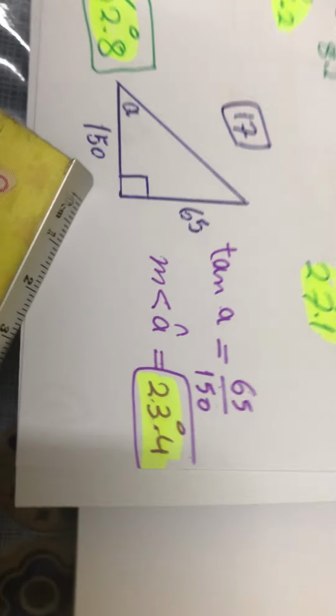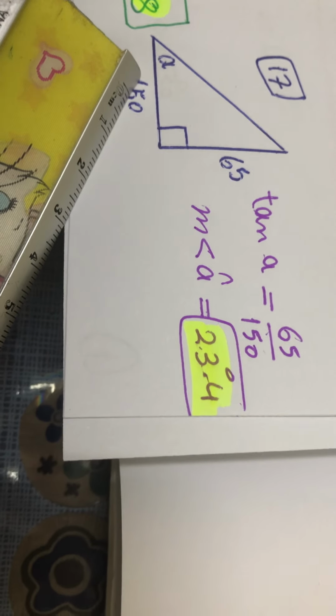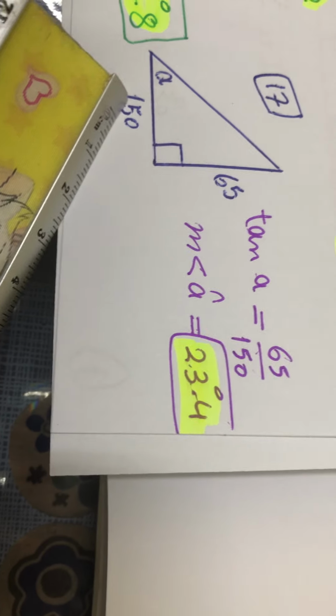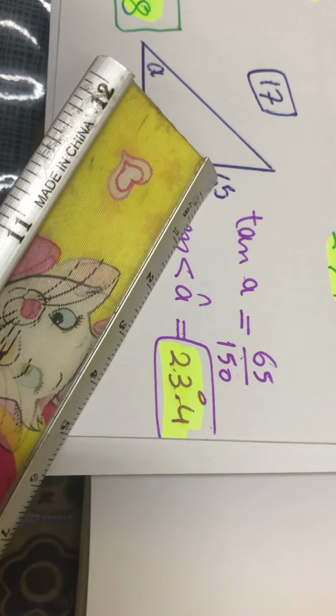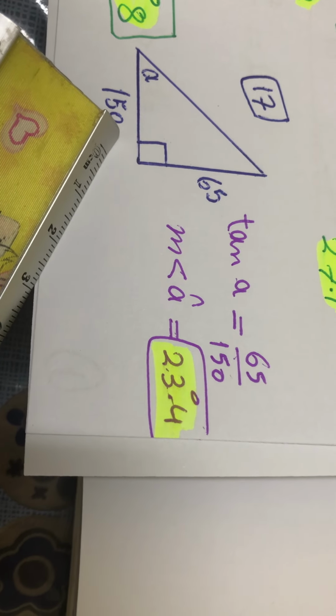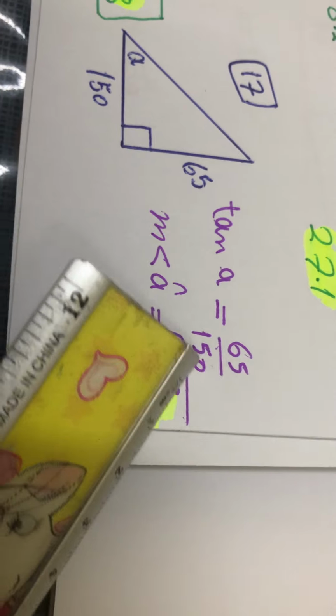In the beginning, it's important to draw the problem. Here, for the elevation angle A, the opposite is 65 and the adjacent is 150. So tan A equals 65 over 150.